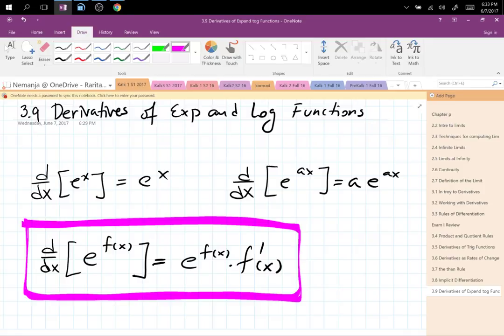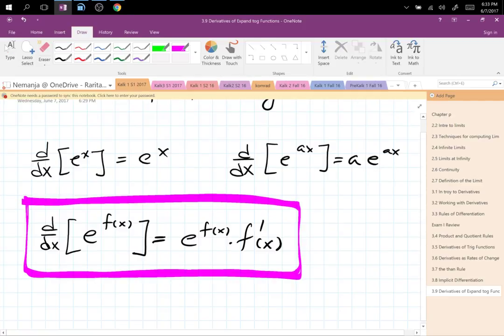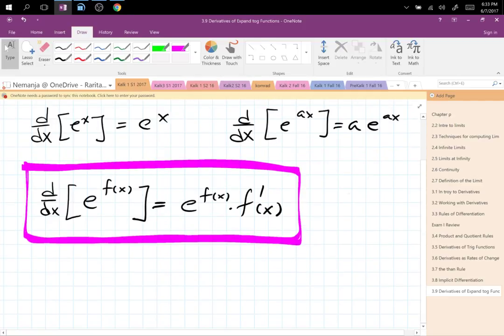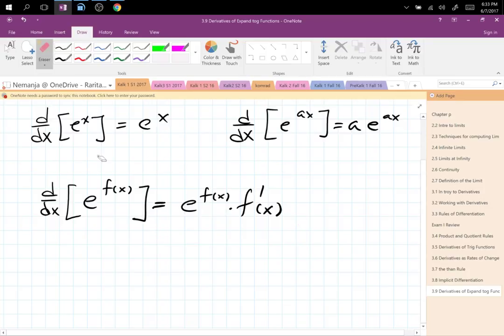But then you say, well, why always e? Can I find the derivative of 2 raised to the sine x? And I say, yes, you can. Actually, the box on this one was supposed to be red.